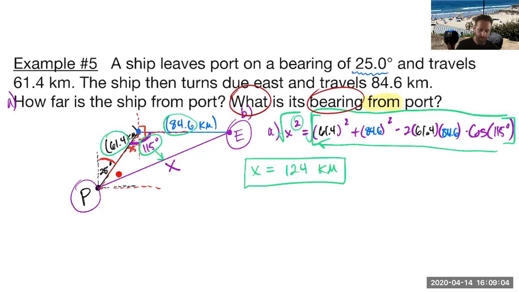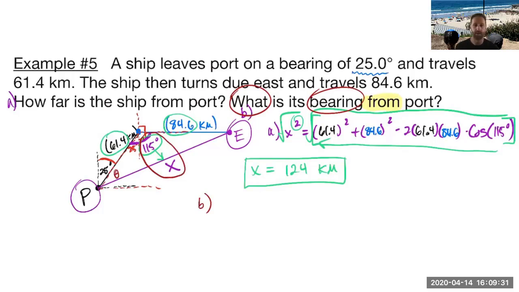And in order to find that angle there, what are we going to have to use now? Hopefully you guessed it. Because we now have our good ratio of an opposite side and an opposite angle, we can use law of sines to find this angle, which I will call theta.